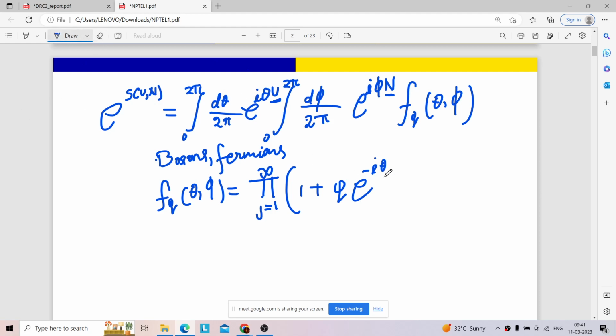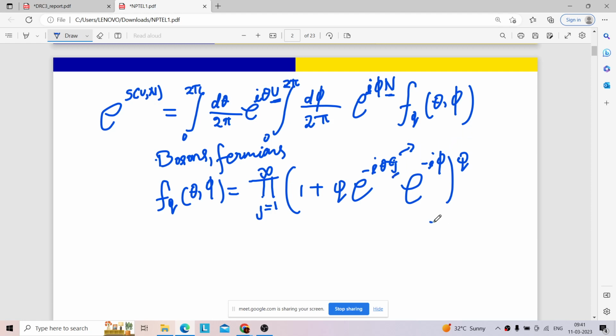So we have written f q as 1 plus q e to the power minus I theta epsilon j, e to the power minus I phi, to the power q. See here, epsilon j is the energy of the jth state.